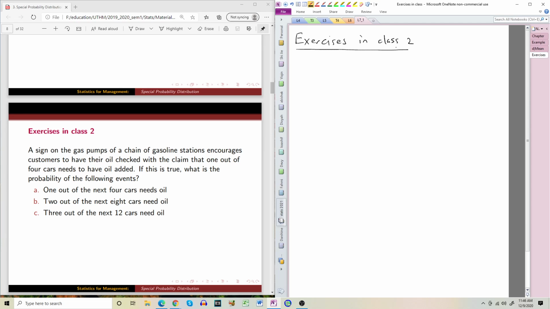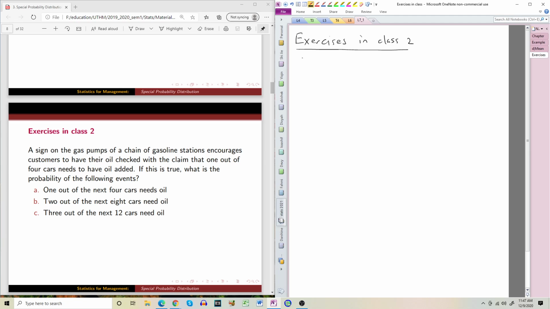A sign on the gas pump of a chain of gasoline stations encourages customers to have their oil checked, with the claim that 1 out of 4 cars needs to have oil added. If this is true, what is the probability of the following event? 1 out of the next 4 cars needs oil.